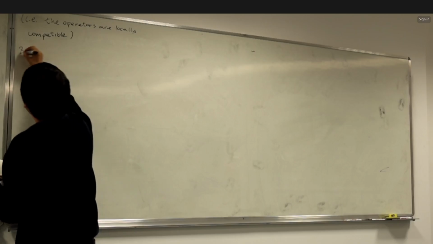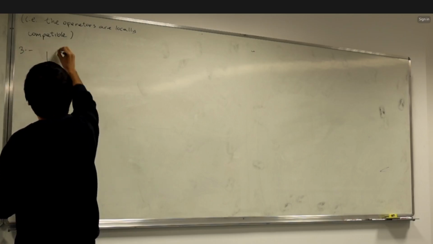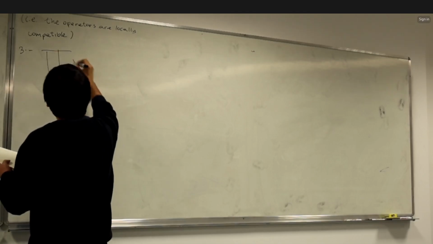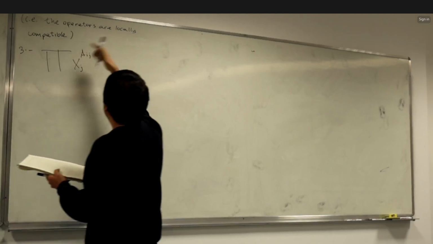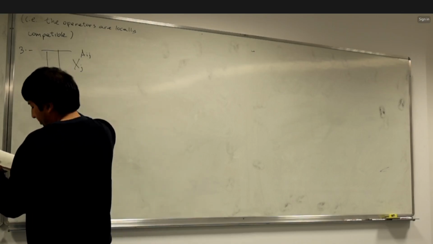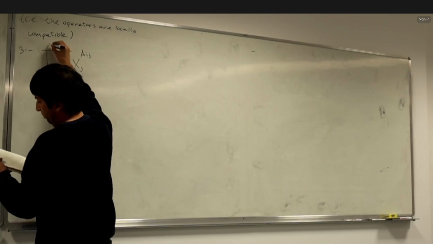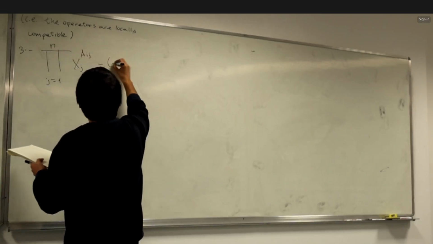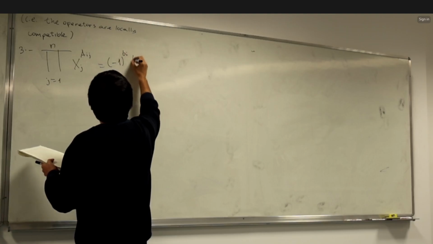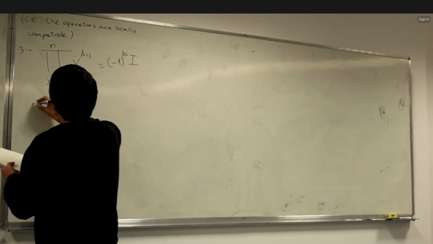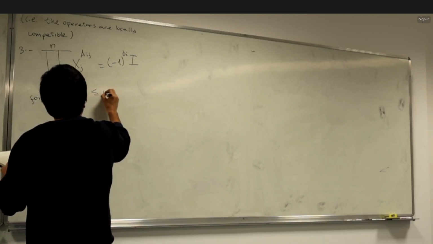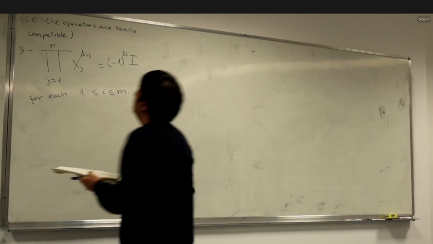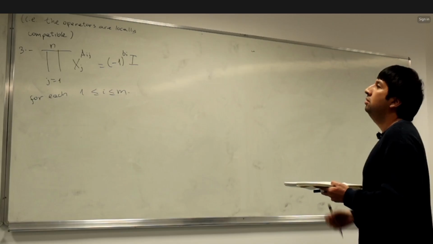And the last condition, we ask for this. Remember, this is a matrix, so A is a matrix, and this is just a number, equal to (-1)^{b_i} times the identity, for each i satisfying these equations.